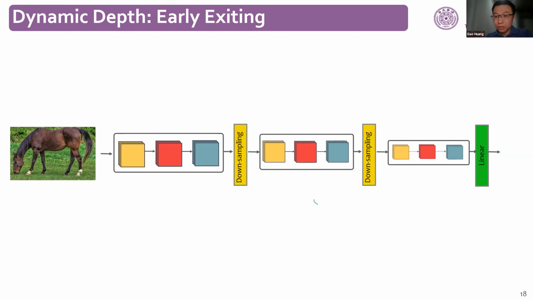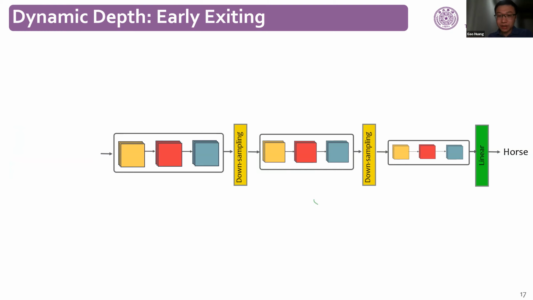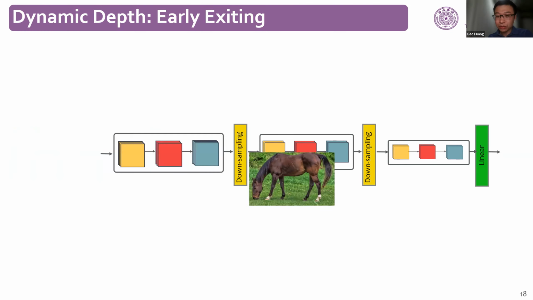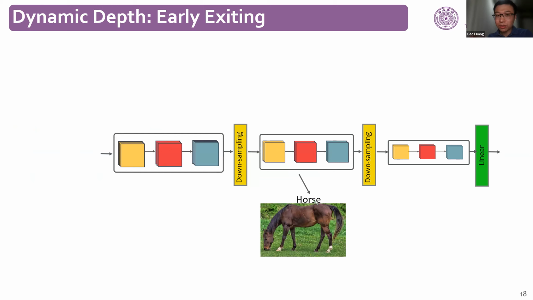Okay, so our objective is we need to inference a hard image with a deep model, and inference an easy image with a smaller model, right? So the most straightforward way is to perform early exiting. So just as the slide shown here, if we have an easy image, just like the house here, we want to exit from a shallow layer.